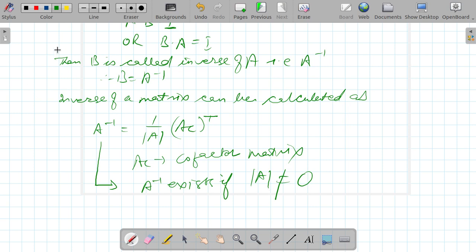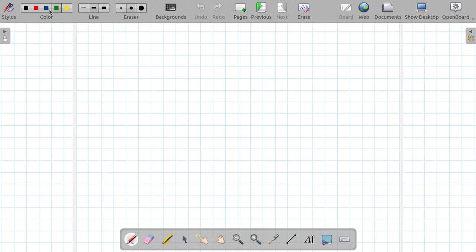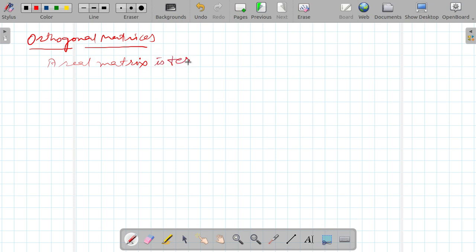Then let us talk about orthogonal matrices. A real matrix is termed as orthogonal if its transpose is equal to its inverse.